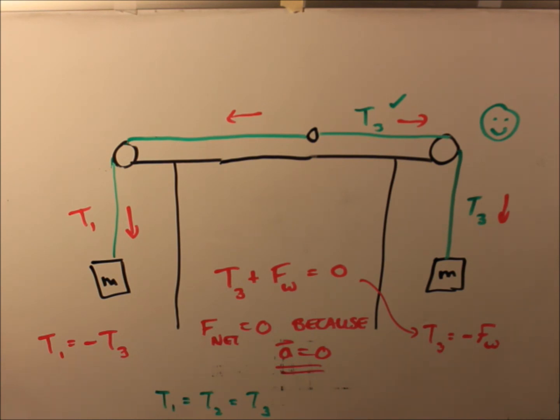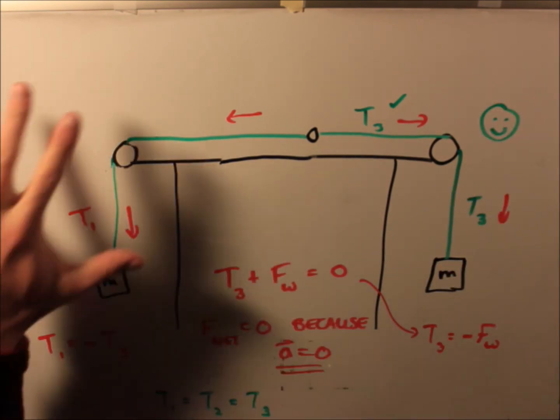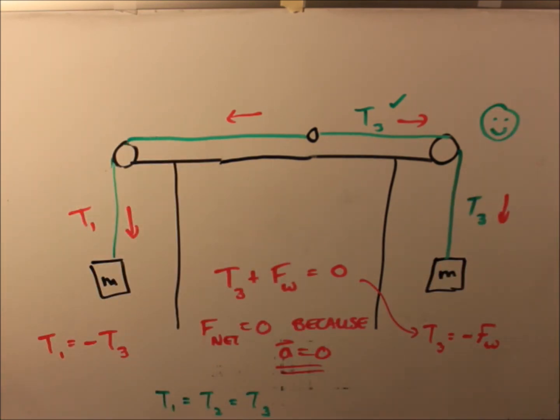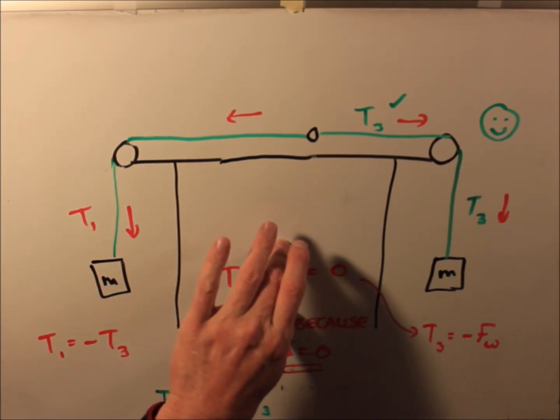This is exactly the same thing as a tug of war. You have Team A pulling here, and Team B pulling here, and initially there's no movement. The ring or the flag or whatever you want to call it doesn't move. There's no acceleration. The net force is 0, but each side is pulling for all they're worth.